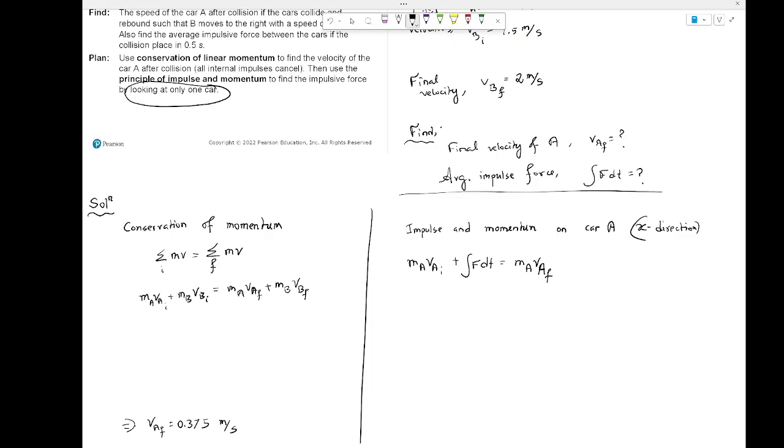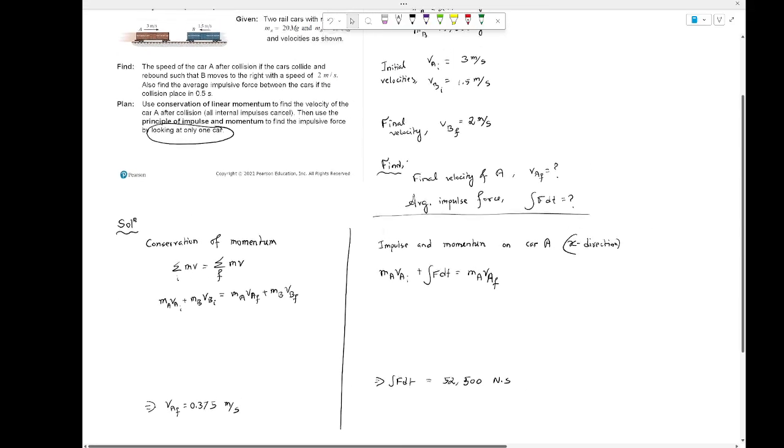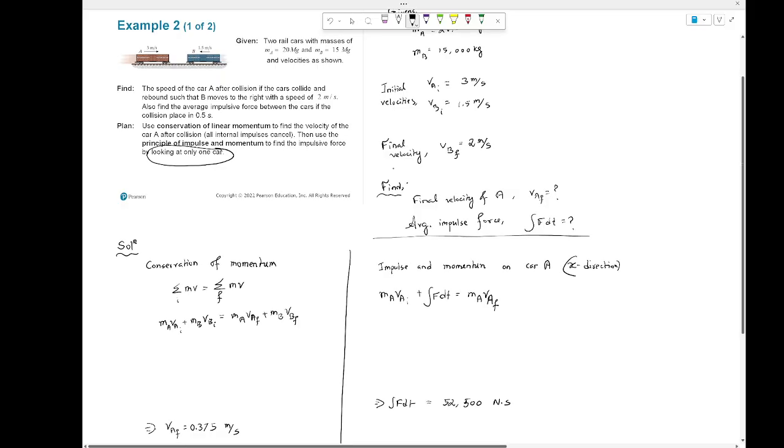Let me give you the solution. So the solution would be F dt is 52,500 newton second. Now, there's a given. I'd like to write the givens here.